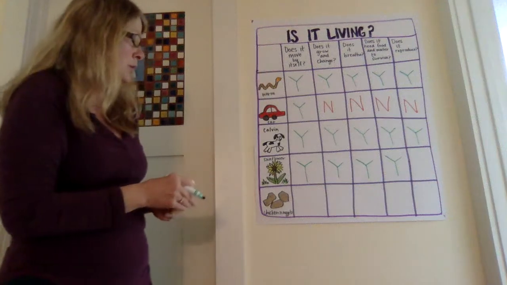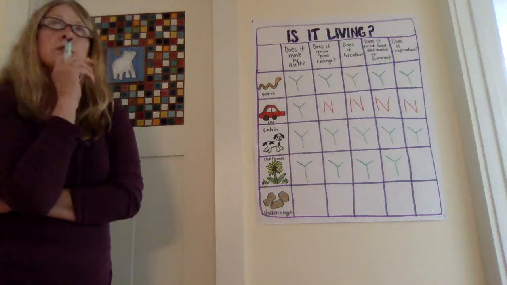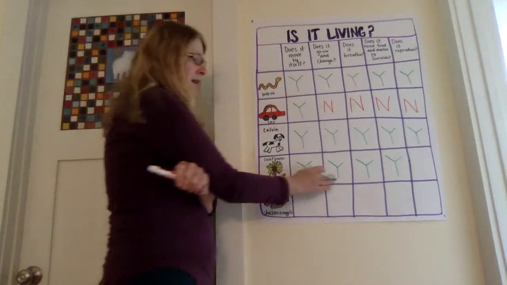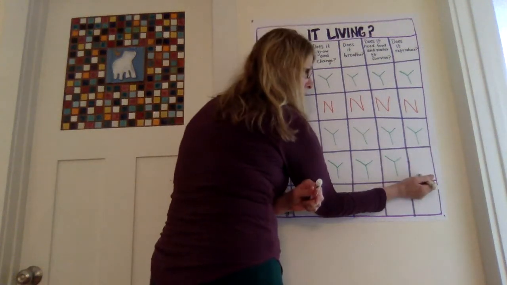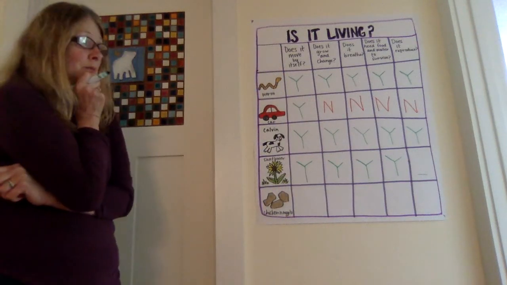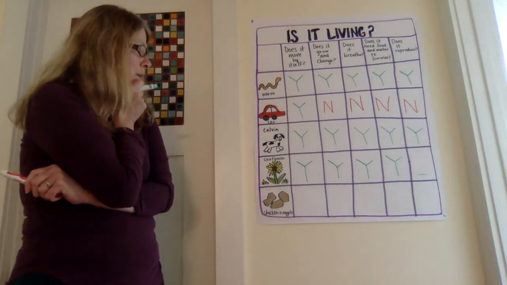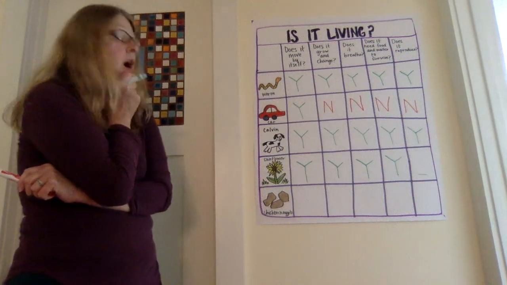Does it reproduce? Can a sunflower make more sunflowers? I have to think about that. All of these are yes. If I'm not sure, I guess I could leave it blank. I could go investigate. Reproduce more sunflowers.